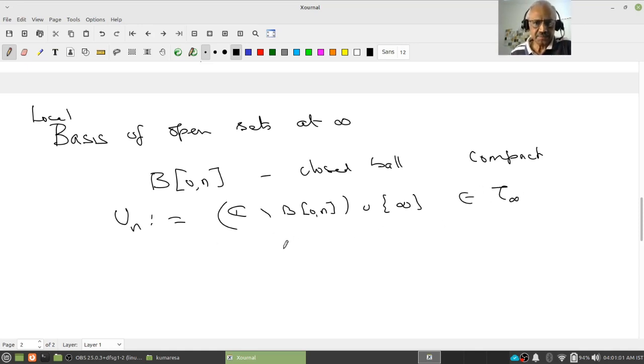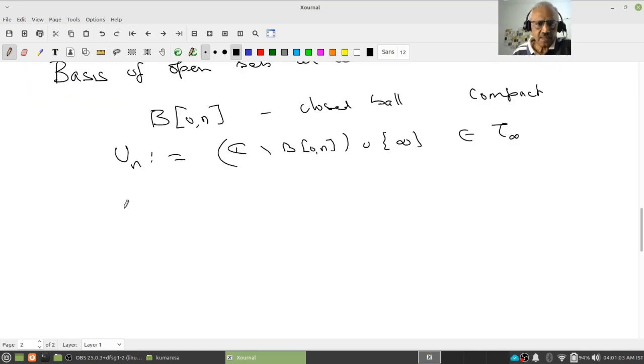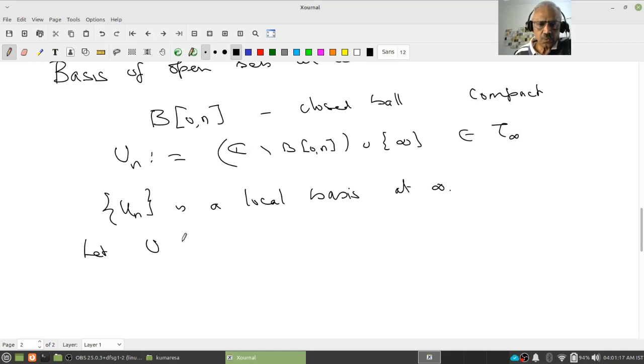Now I am claiming this collection Un is a local basis at infinity. What does that mean? Let U containing infinity be open in C infinity.